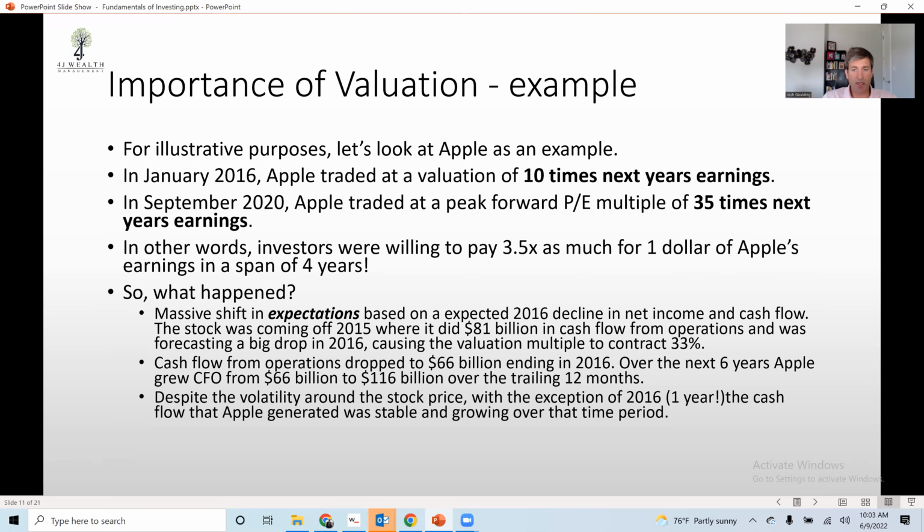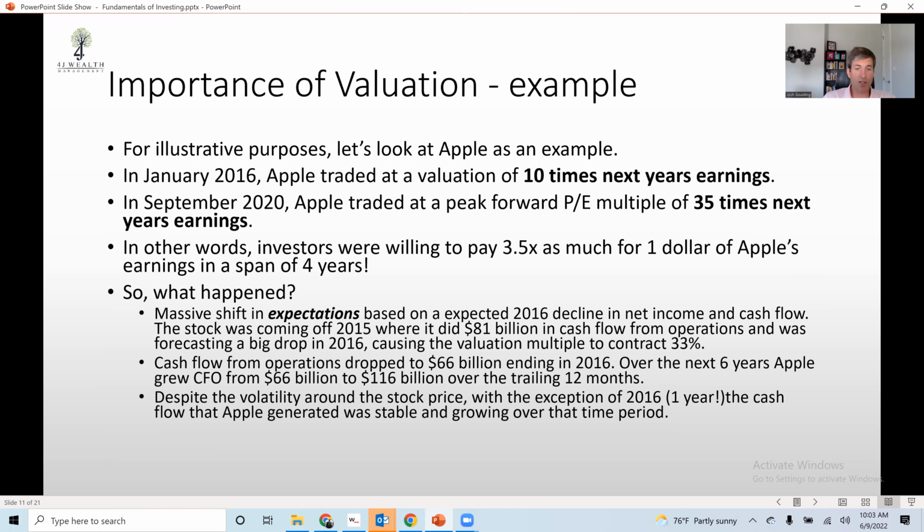And the reason is because in 2016, there was an expected decline in net income and cash flow. The stock was coming off 2015, where it did 81 billion in cash flow from operations and was forecasting a drop in 2016. That caused the valuation multiple to contract 33%, going down from about 15 to 10 times next year's earnings.